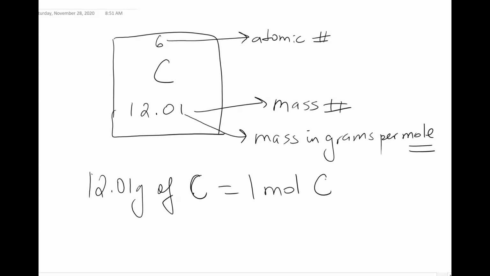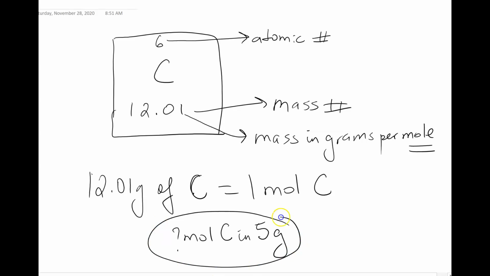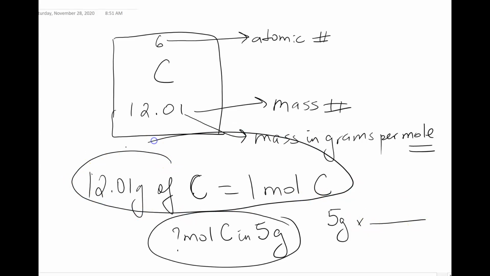Okay, so now if the question asks you something like, how many moles of carbon are there in 5 grams? How would you solve a problem where you determine how many moles are in a certain amount of mass? All you have to do is say, I know I have 5 grams, that's my given. And we know from the periodic table that for every 1 mole, we have 12 grams.